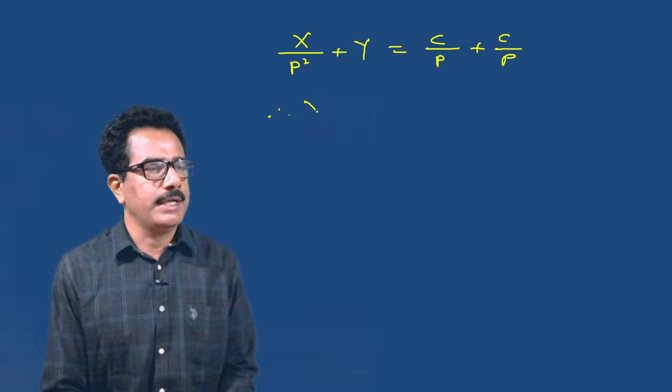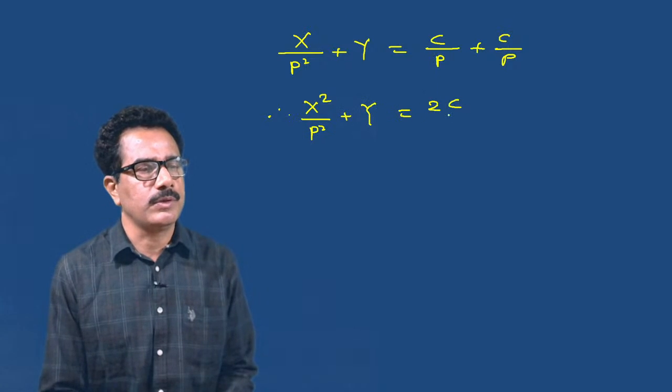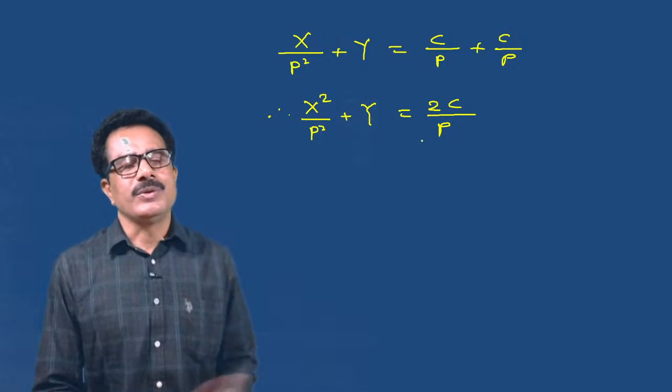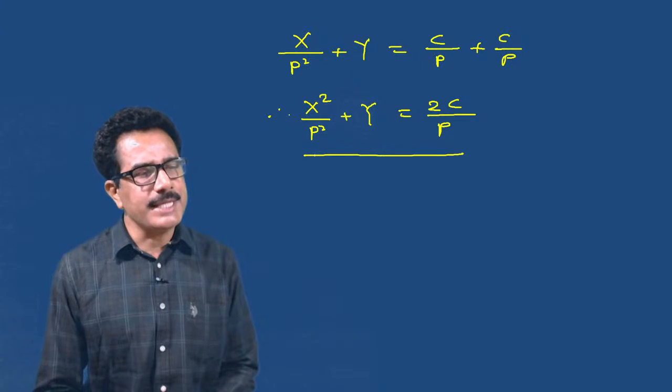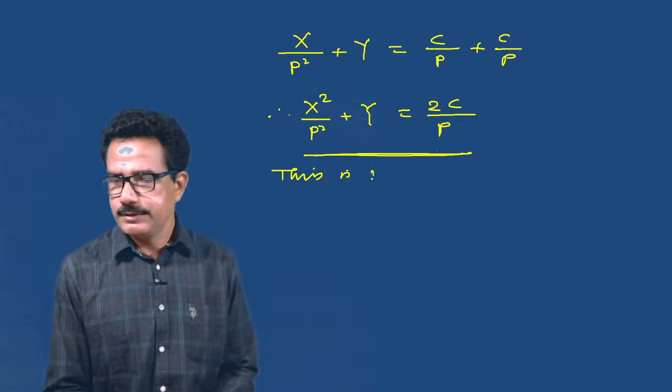So we can write x square divided by p square plus y square is equal to 2 into c divided by p. Okay, so you can simplify this, or you can also write it as it is. This is the required equation of tangent.